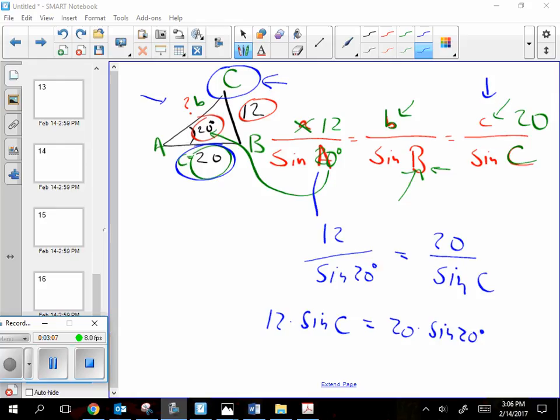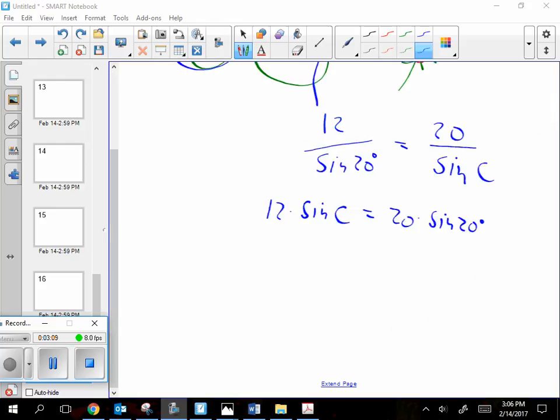Then, in the spirit of getting C alone, I'm dividing by 12 on both sides. Then I'll get sine C is equal to 20 times sine 20 divided by 12. And the answer to that is 0.57.